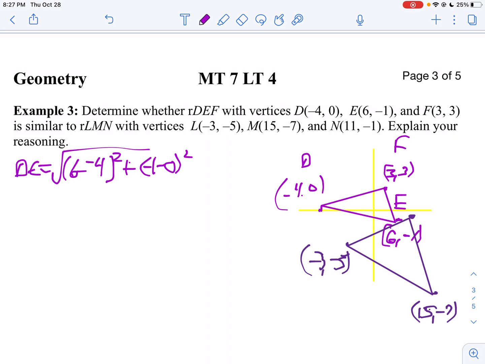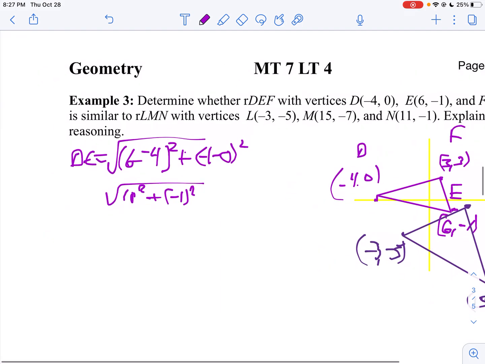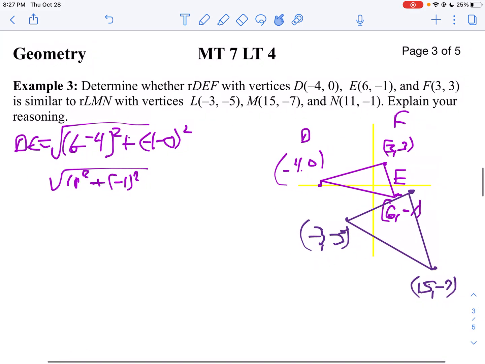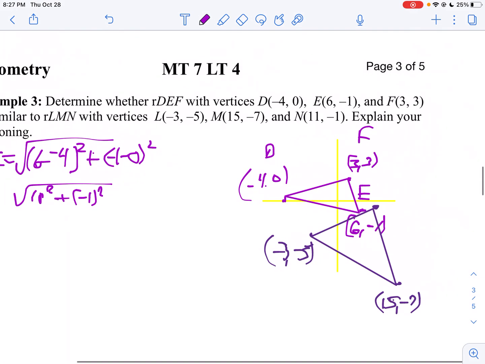Now, 6 minus a negative 4, well, that's 10 squared, plus negative 1 squared. So that will be 100 plus 1. So I'm going to get the square root of 101.